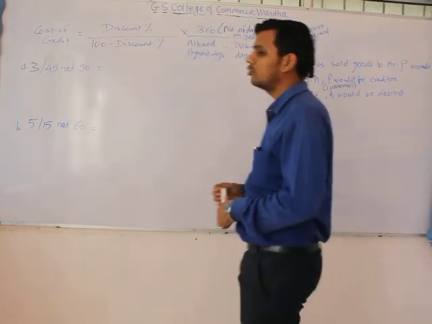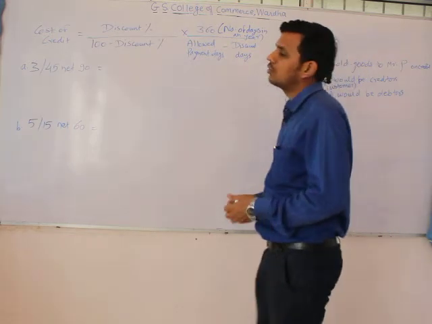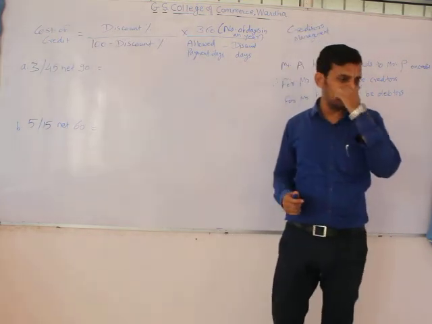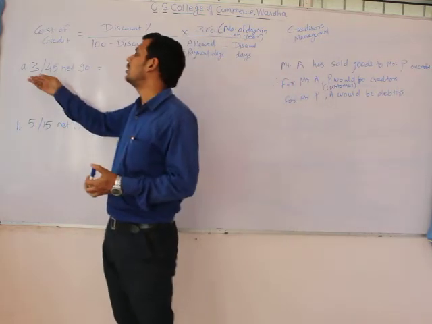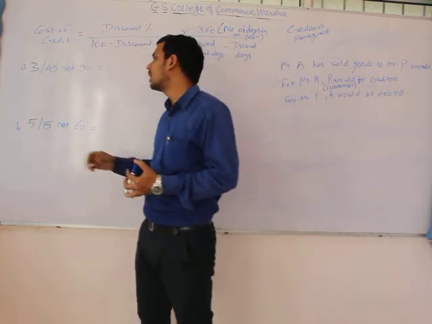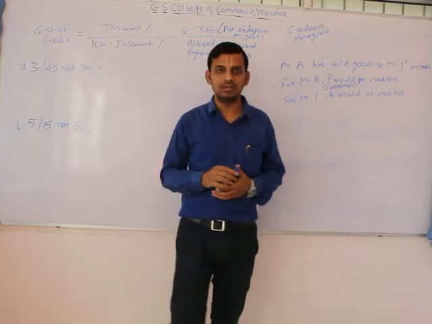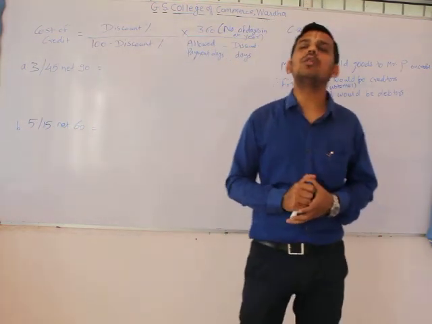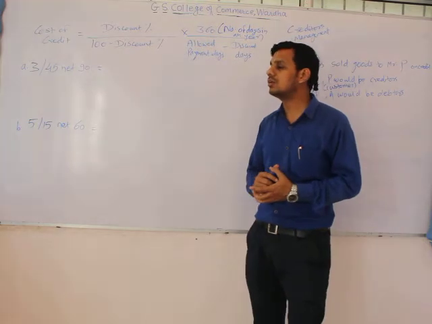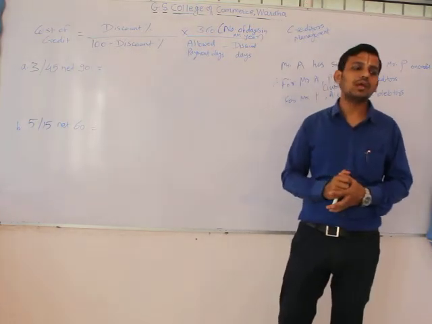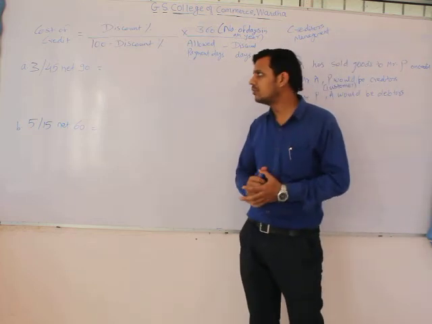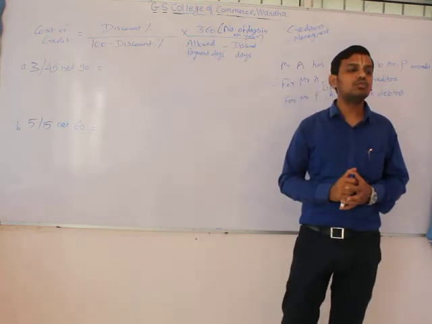Now the question says that Sunflower Limited is considering two policies, that is 3/45 net 90 and 5/15 net 60. These are the two discount policies under consideration by Sunflower Limited, and they have been asked to calculate the cost of credit and propose the best proposal.